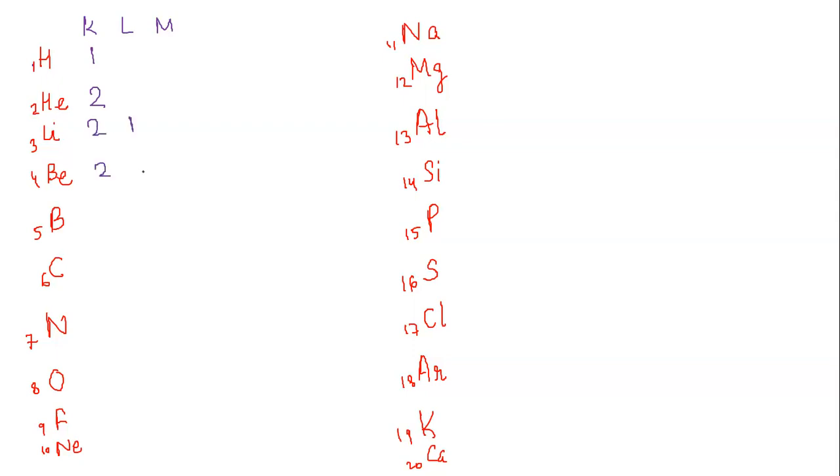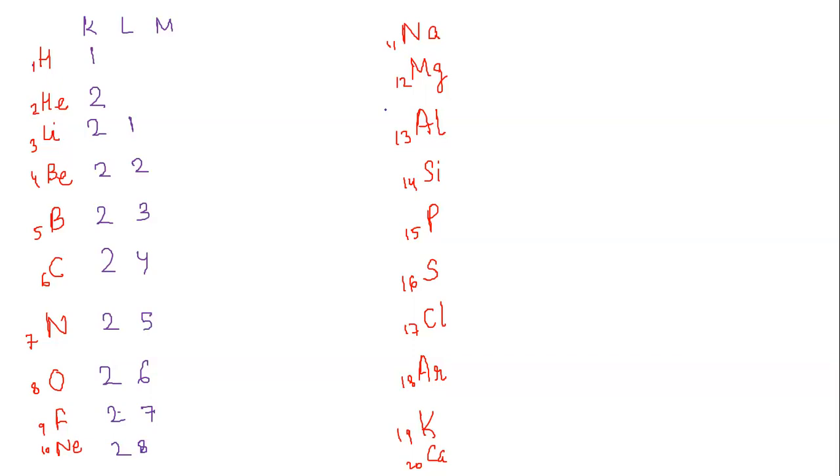Beryllium will be 2, 2. Boron has 5 electrons, so 2, 3. Carbon will be 2, 4. Nitrogen 2, 5. Oxygen 2, 6. Fluorine 2, 7 and neon 2, 8. This much is clear? Yes, ma'am.